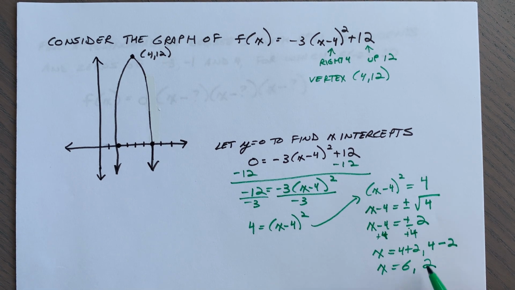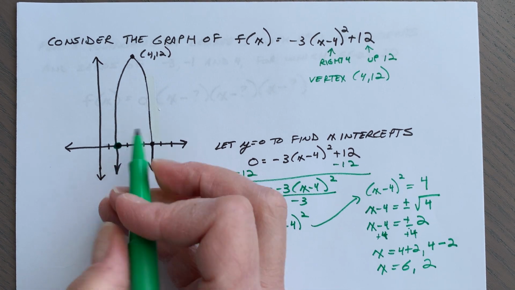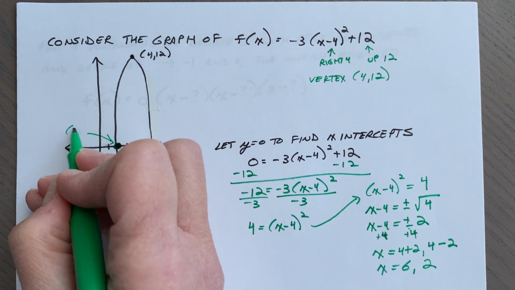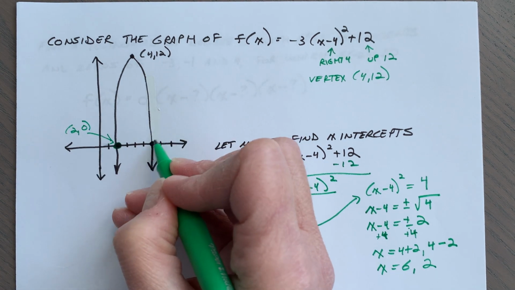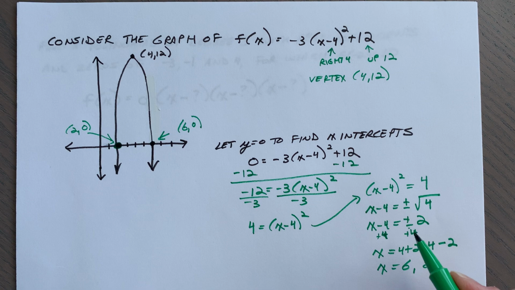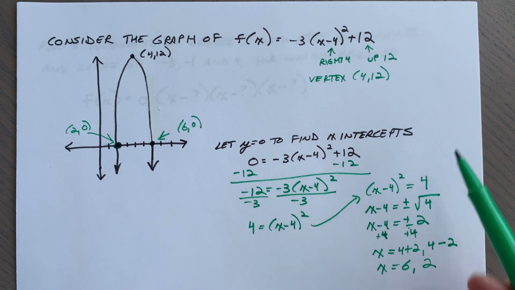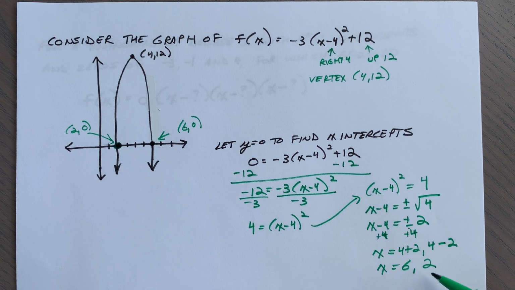These are real numbers. They are real number zeros of the function. On our graph, they are x-intercepts. So we have the x-intercept of 2, 0, and the x-intercept of 6, 0. So again, tying together the idea of zeros of the function, if they're real, are x-intercepts.